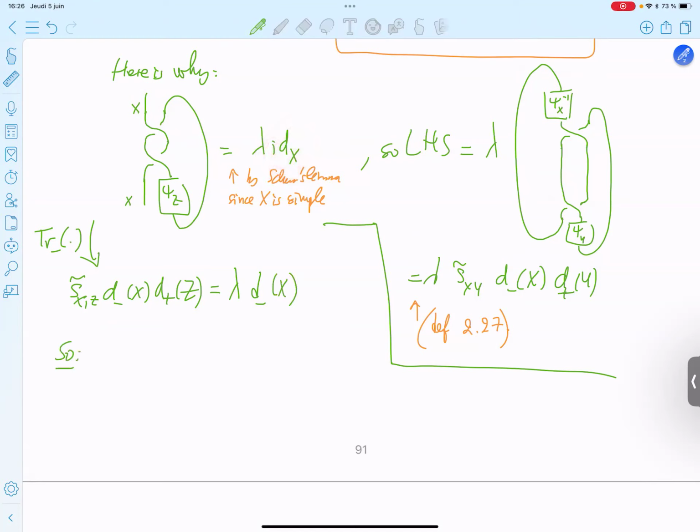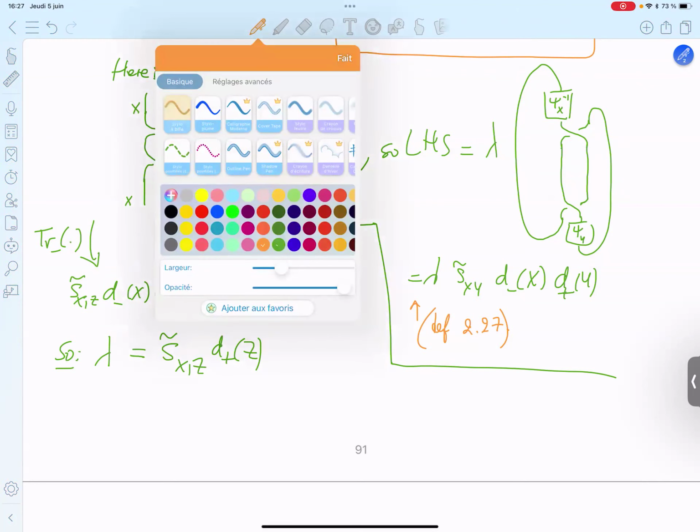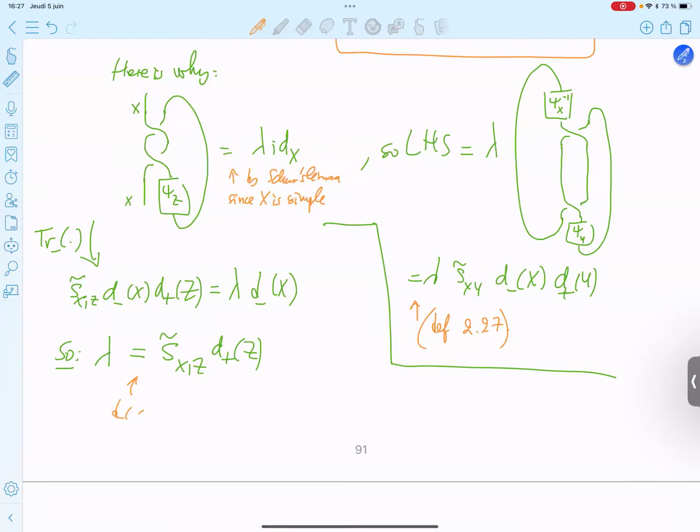It follows that the constant lambda is d plus of z, because d minus of x is non-zero, so you can simplify.